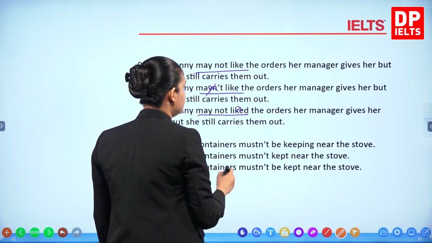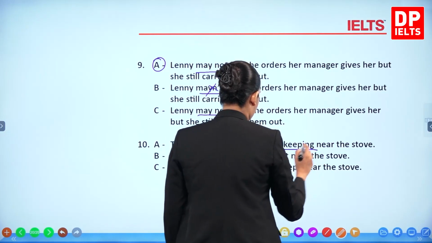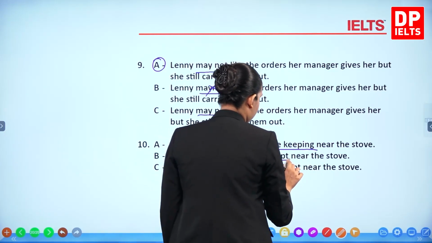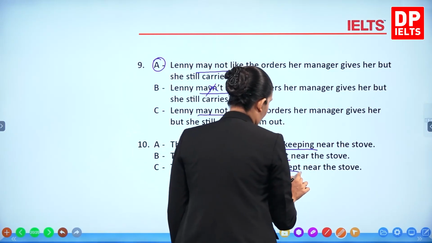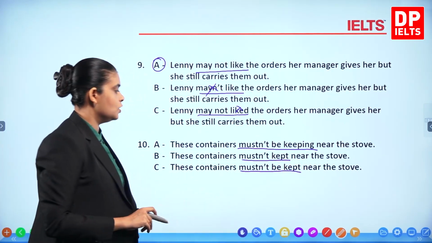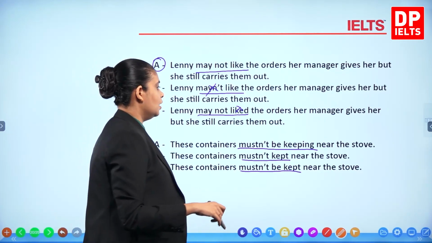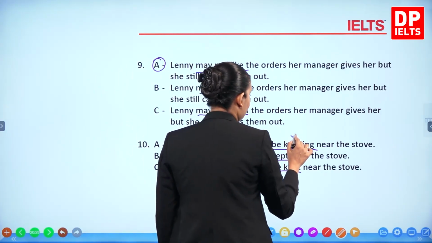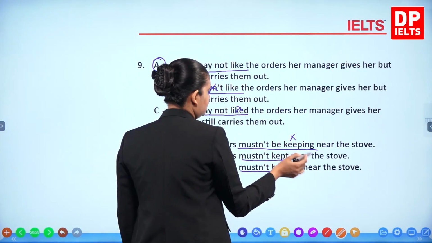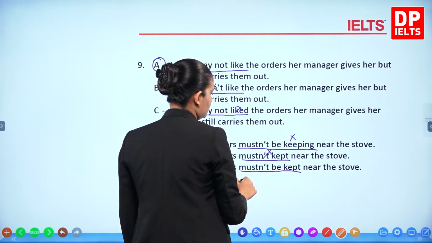These containers mustn't be keeping, mustn't kept, mustn't be kept. Okay. So when you are writing it along with passive verbs, you don't say mustn't be keeping. Mustn't kept, again you can't use that.